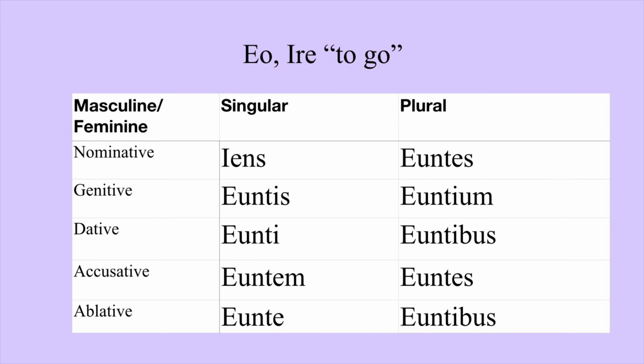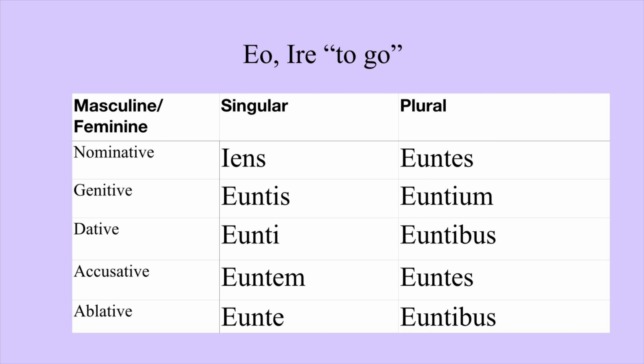Here looking at ire, just being really thorough, we notice we've got iens, euntis, eunti, euntem, eunte, euntes, euntium, euntibus, euntes, euntibus, right? So we're only having that irregular form in the nominative singular.